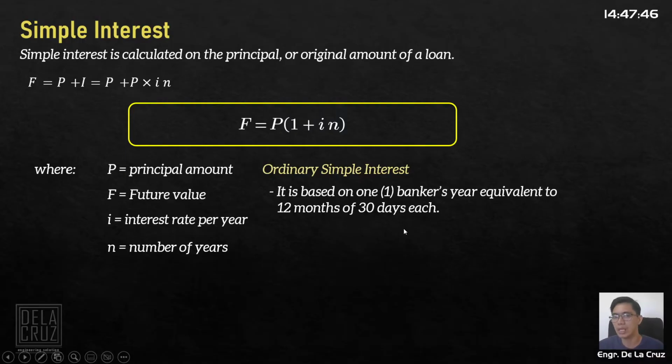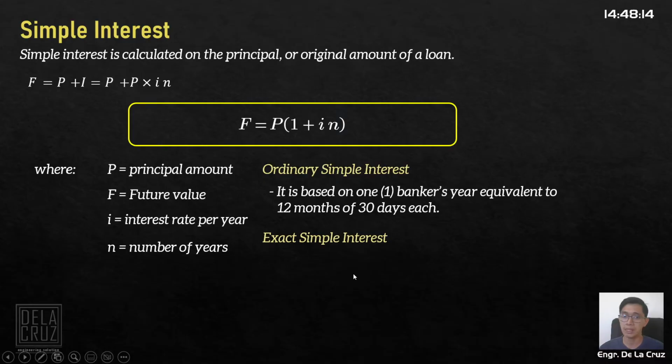So, 30 days times 12, we will have 360 days only based on banker's year. Kadalasan sa problem, mas marami yung ordinary simple interest. Especially pag hindi given na exact or ordinary, automatic ordinary simple interest yung gagamitin natin.